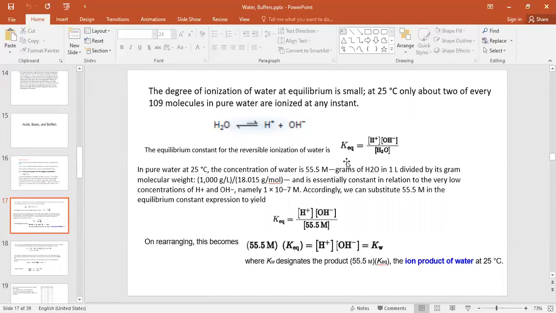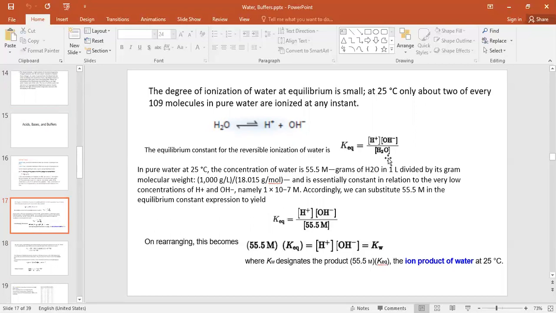In pure water at 25 degrees Celsius, the concentration of water is 55.5 moles. That is grams of water in 1 liter divided by its gram molecule weight. So it shows the molar concentration of water.